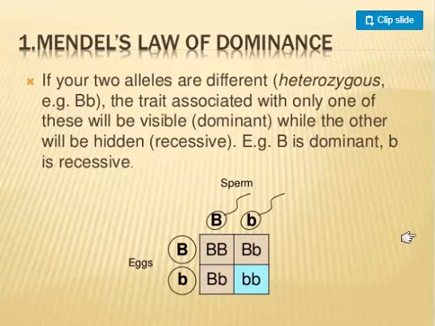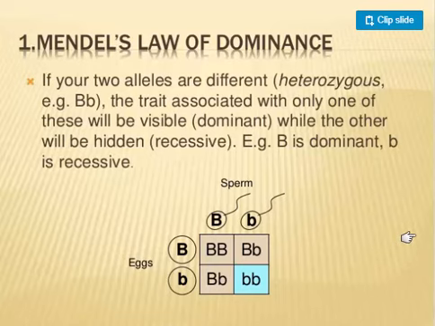By doing this, Mendel highlighted a very important thing, that some of the traits are dominant. Dominant means that they always appear regardless of the traits in front of them. Some of the traits are dominant, some of the traits are recessive. Recede means go back.